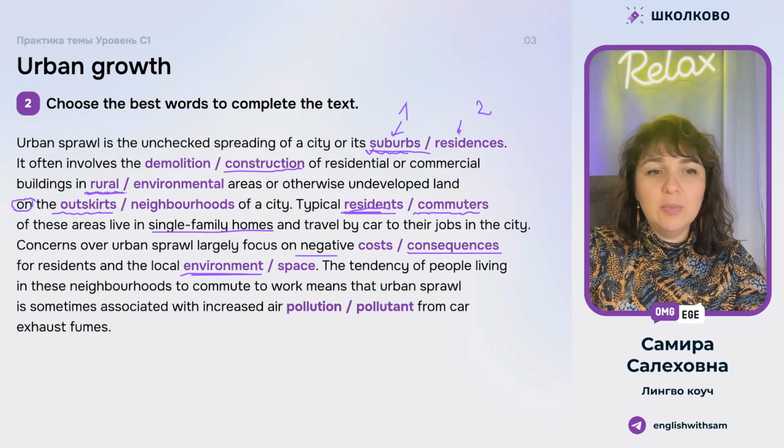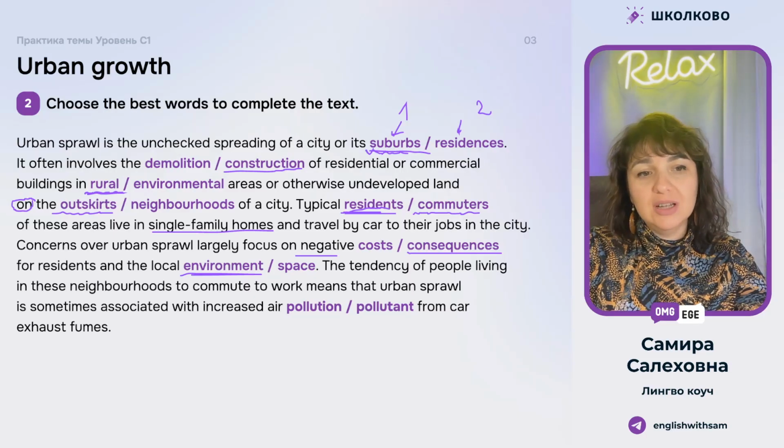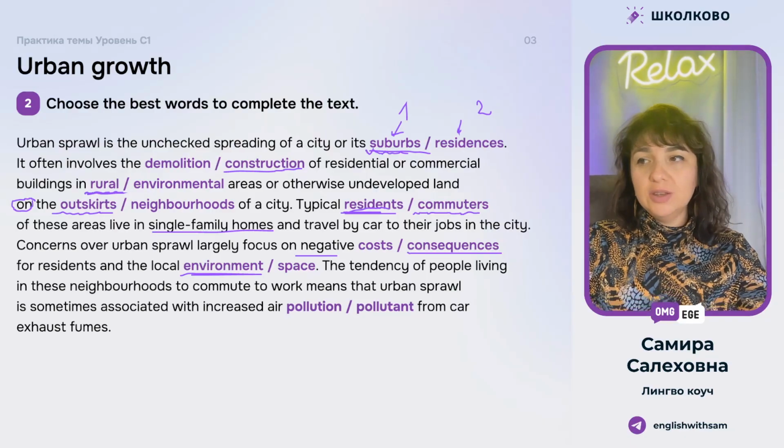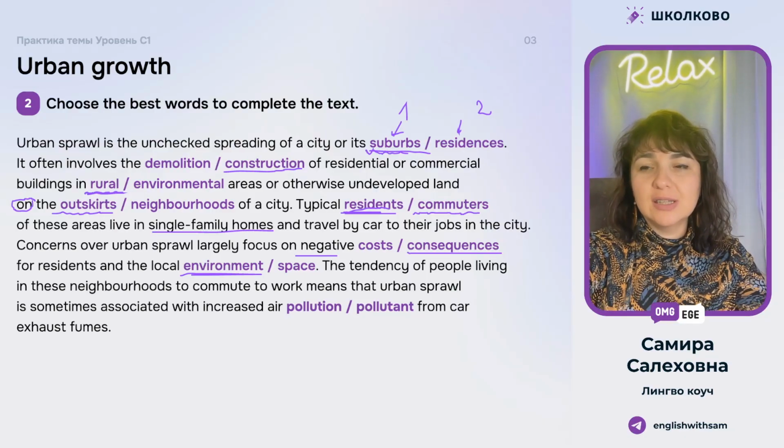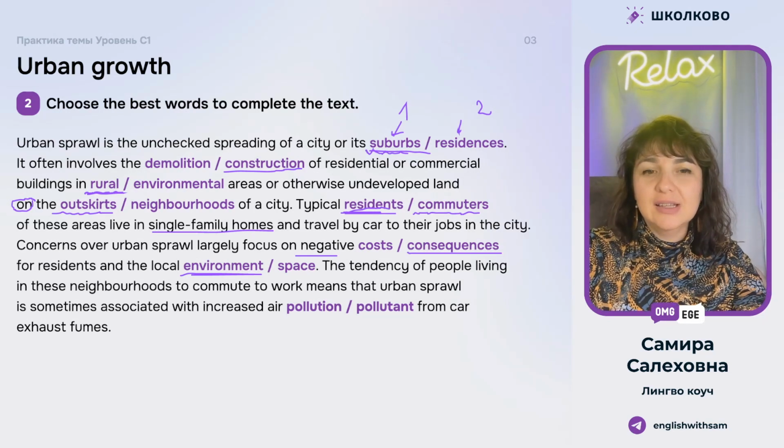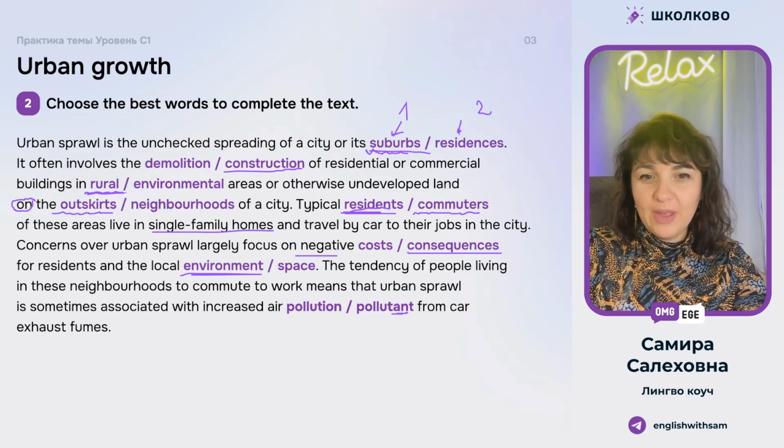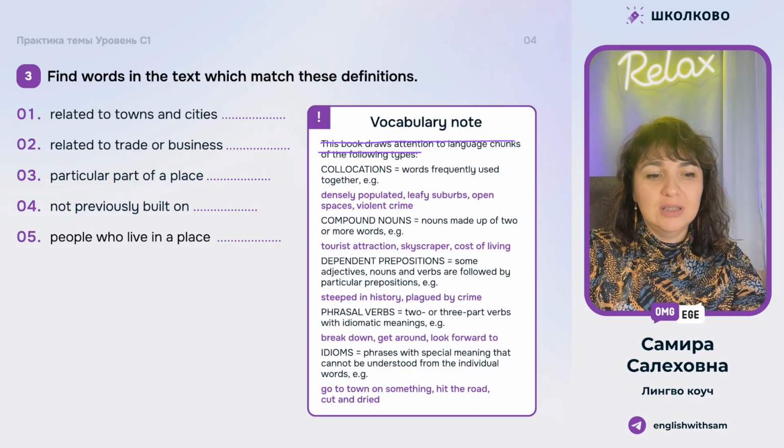The tendency of people living in these neighborhoods to commute to work means that urban sprawl is something associated with increased air pollution or pollutant from car exhaust fumes. Так, то есть у нас здесь получается загрязняющий, да, это вот загрязняющее вещество, pollutant, а нас интересует air pollution. Right, so I'm sure you've got everything here.